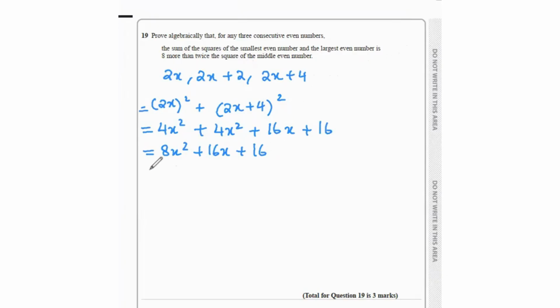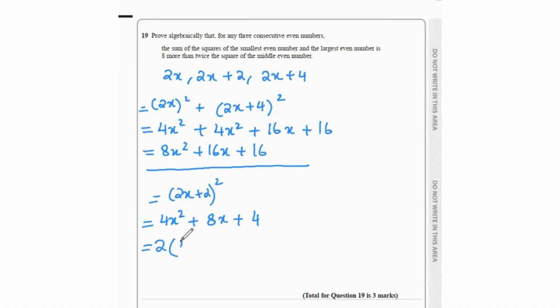So let's square the middle number. (2x plus 2) squared is going to give us 4x squared plus 8x plus 4, multiplied by 2. So 2 times (4x squared plus 8x plus 4).